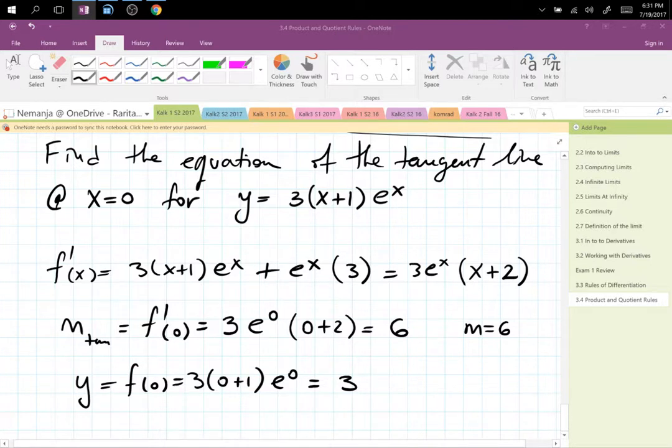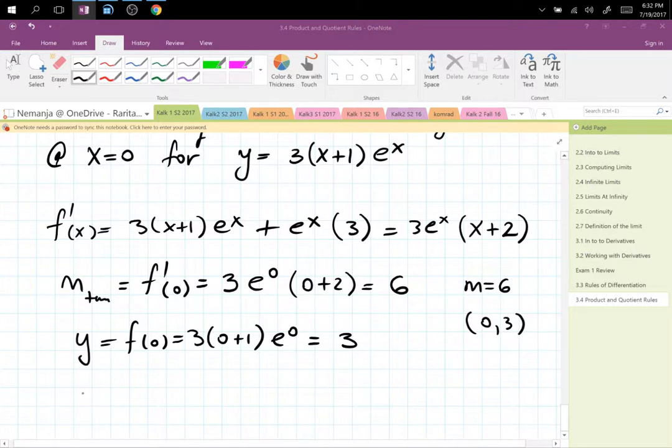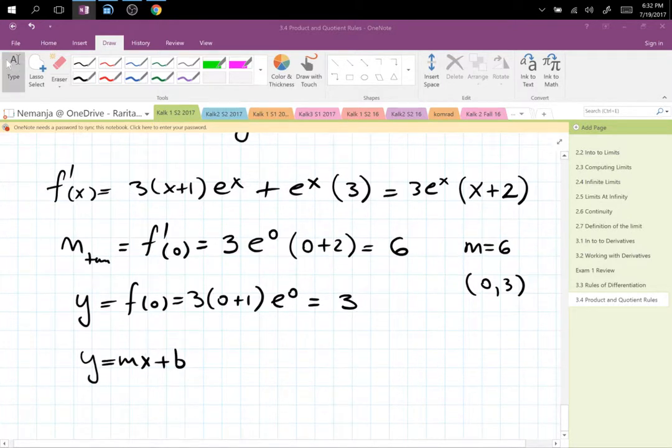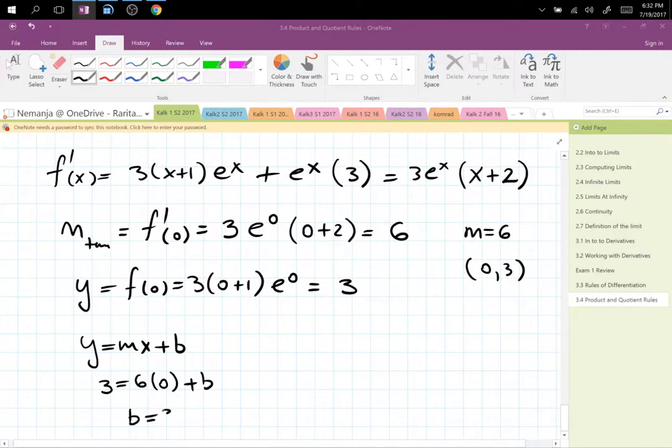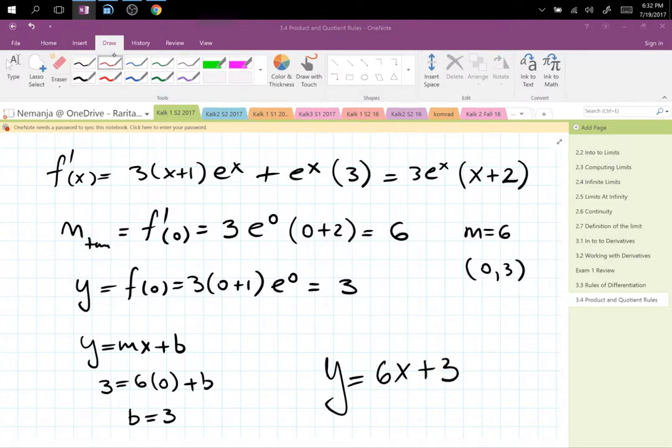So we have slope is 6 and the point is (0, 3). We plug that into y equals mx plus b. So y is 3, m is 6, x is 0, plus b. So from here, clearly b is 3. And the equation is y equals 6x plus 3. That's the tangent line at 0.